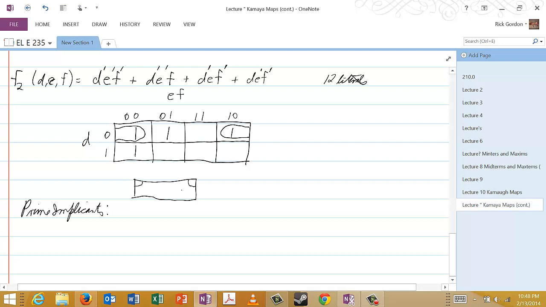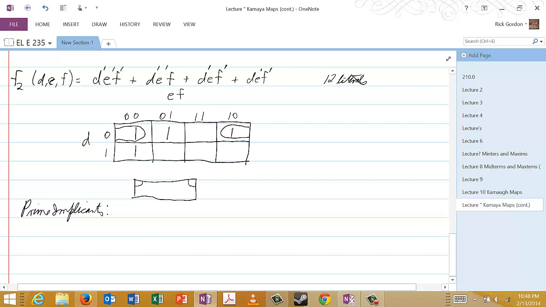So I'll draw that rough picture, and now I need to figure out the name for that prime implicant. And I hope that you will see that D is constant in that prime implicant, so it will appear in the name. But E is not constant. E is equal to 0 in this cell on the left, and E is equal to 1 in this cell on the right.